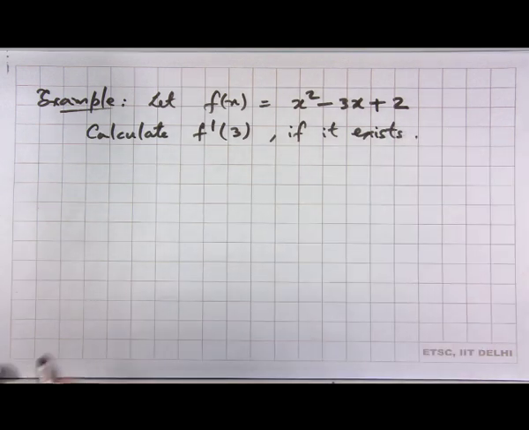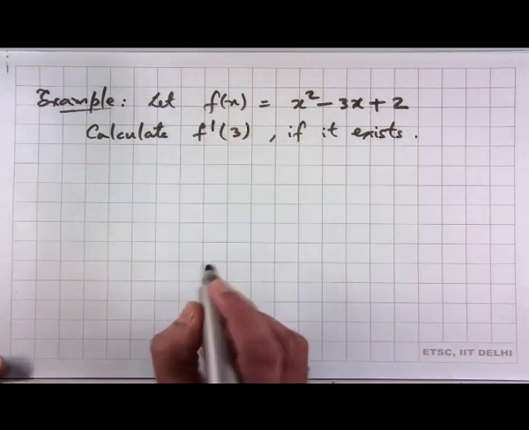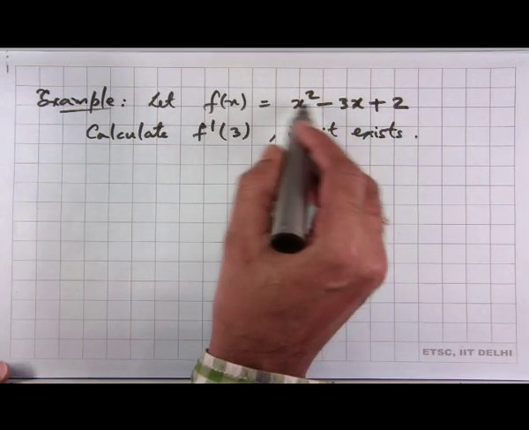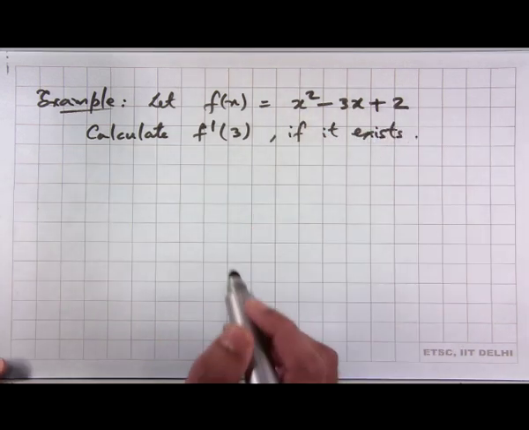So, what we know is that we know the derivative of x square, derivative of x and derivative of a constant.